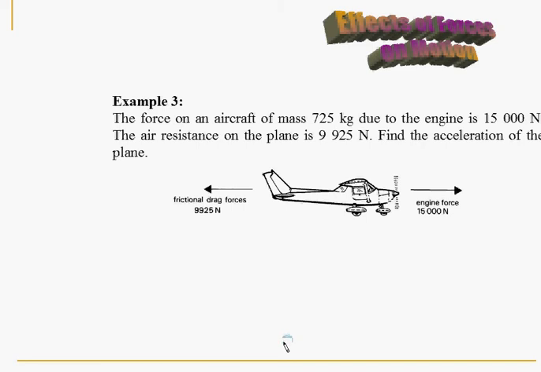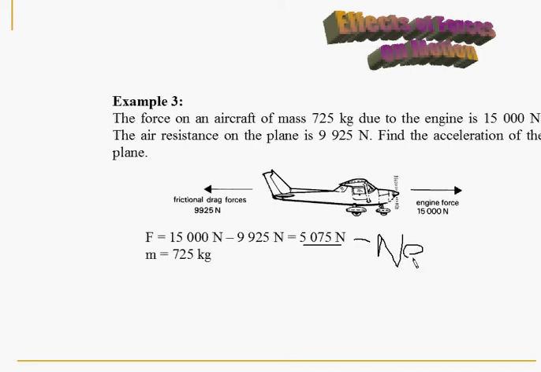Okay, this example 3, the force on an aircraft with a mass of 725 kg is 15,000 Newton, which is here. Air resistance is 9925 Newton, which is the opposing force. So find the acceleration of the plane. The first thing we do is to determine the resultant force, or we call it the net force.